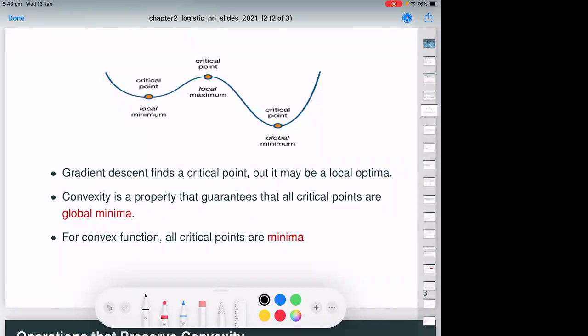And so if you know that you have a convex function, you'll be sure that if you're using gradient descent, it will work. But with a non-convex function, something like gradient descent could be just stuck here. Make sense?